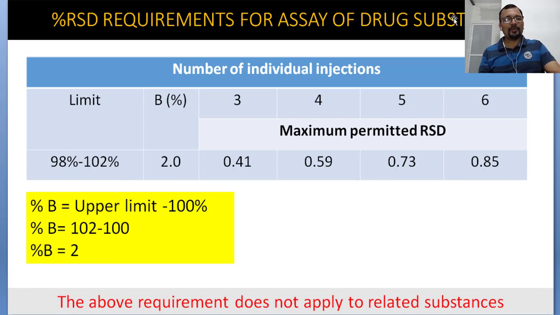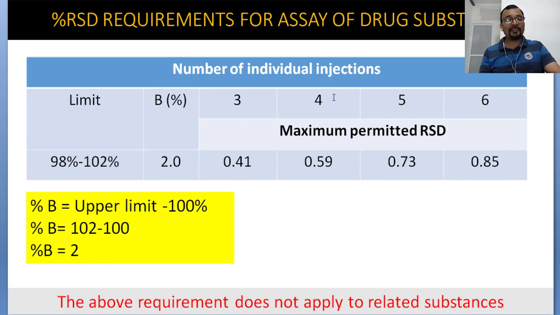Let us assume that the limit for assay is 98 to 102%. So in that case the B will become 102 minus 100, which is 2%. So with the 2% value of B, there are various requirements. If you wish to inject triplicate injections, then the limit for percent RSD should not be more than 0.41%.